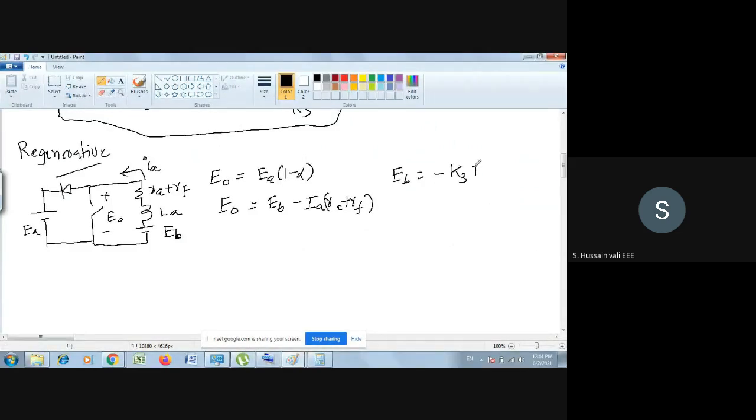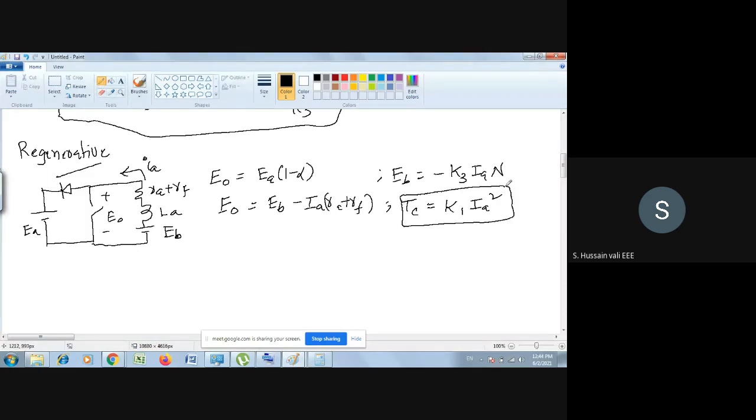Now the N value does not change, because I told you already, even when you are applying brakes to your vehicle, the direction of the vehicle does not change, the wheel direction does not change. So N still remains positive. Only IA becomes negative. And the second thing is the electromagnetic torque, for which you have one equation, K1 into IA squared.